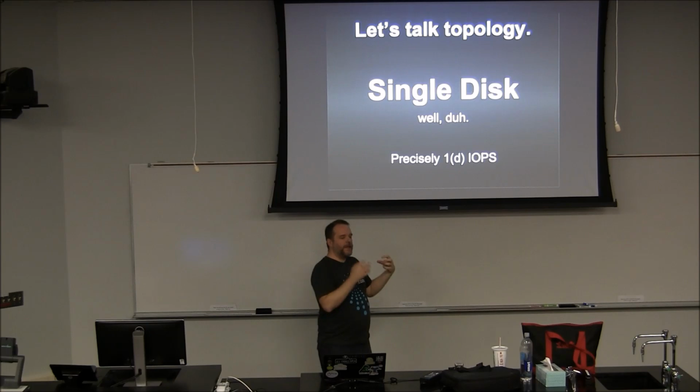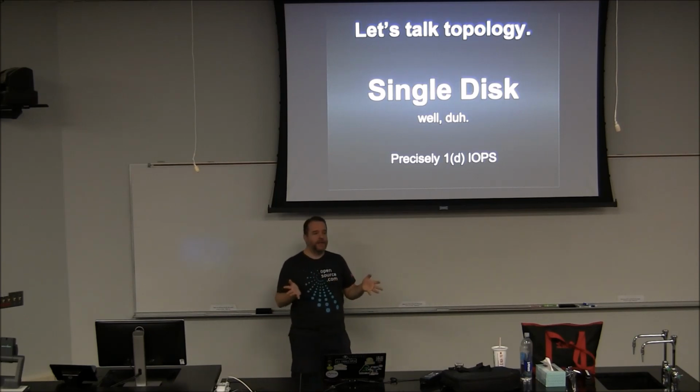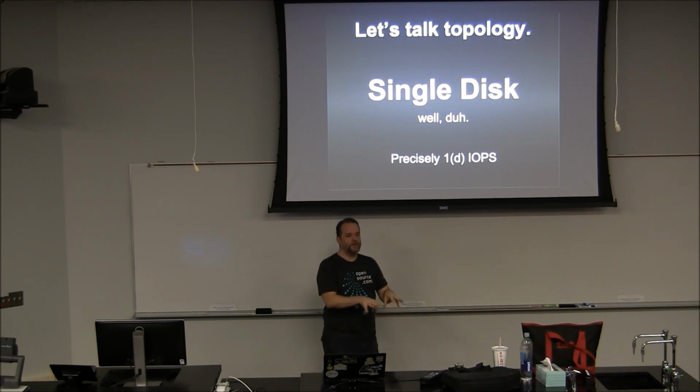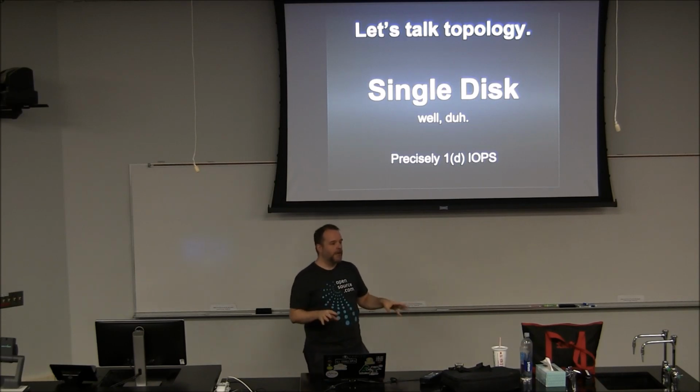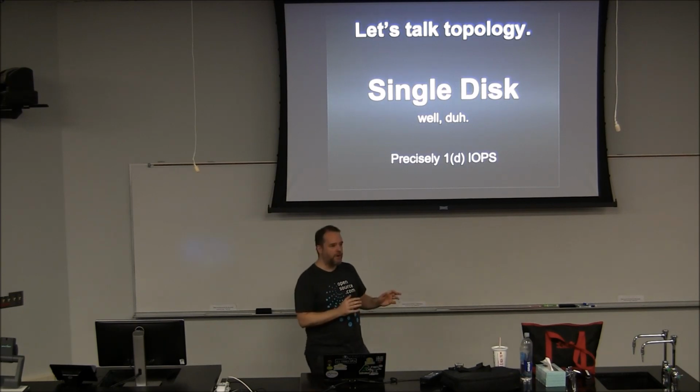Remember, the thing about IOPS is I don't actually care, and you don't actually care directly how many IOPS a topology or a disk is capable of. IOPS are really a measure of how far in the weeds we can get before we murder our throughput.